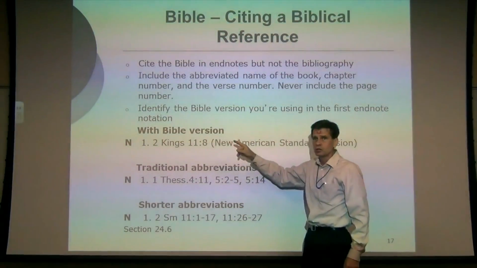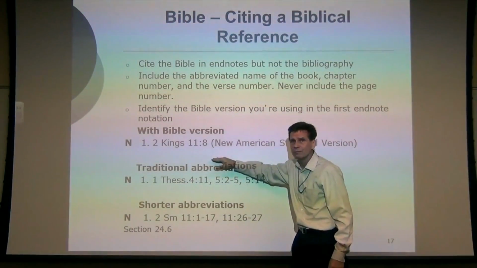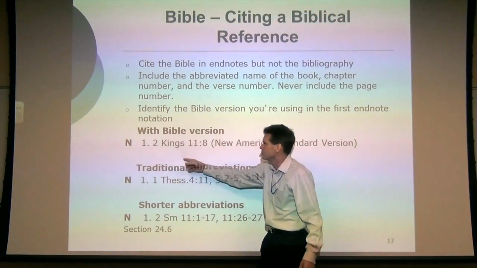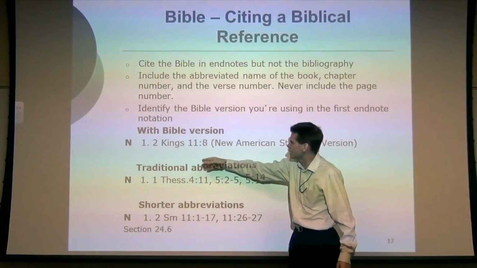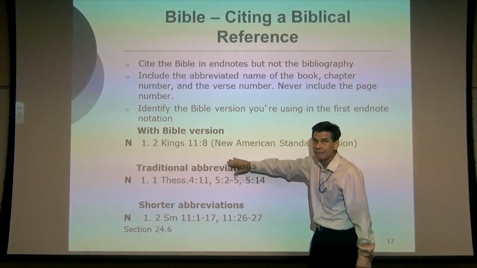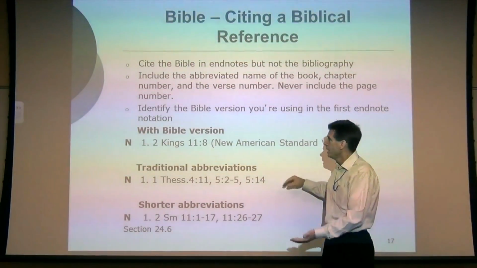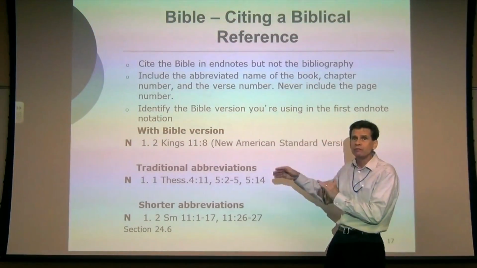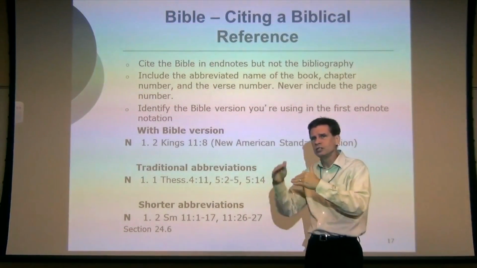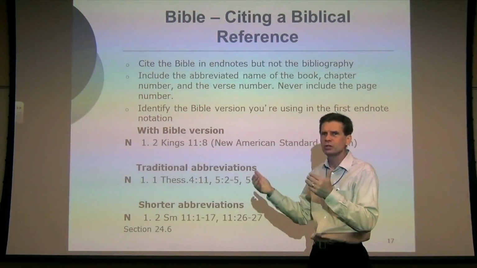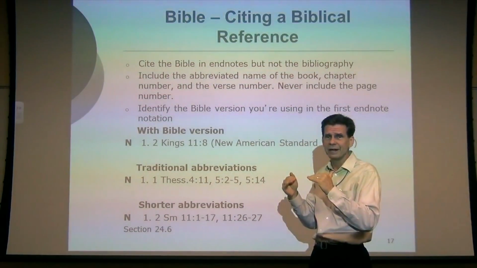If you change versions, you're going to have to then, the first time you use a new version, let's say it's number 10, and you're quoting something out of 1 Samuel, then you'll have to put the entire name of that version, the Message or something, okay? And then if you skip around between versions, every time you use a version and you had another version before it, you have to write out the entire name, just so they know which one you're using at that time.